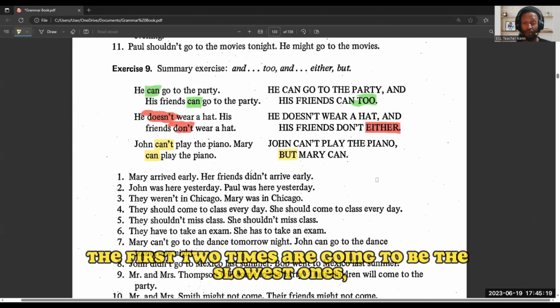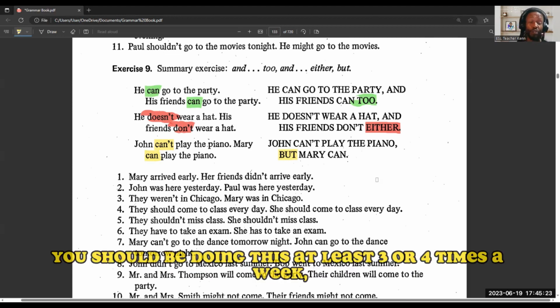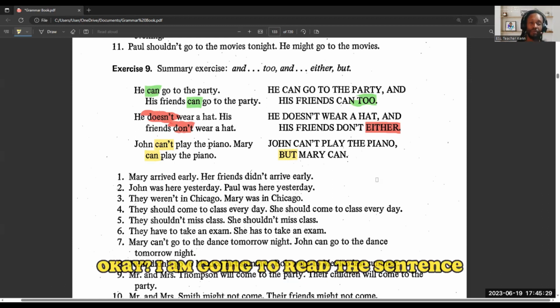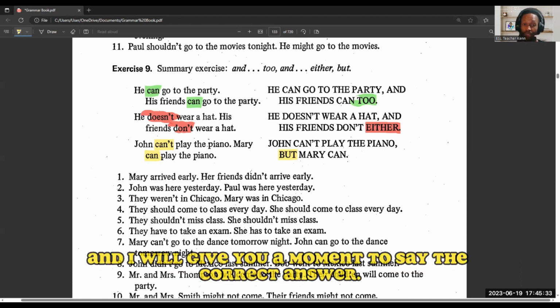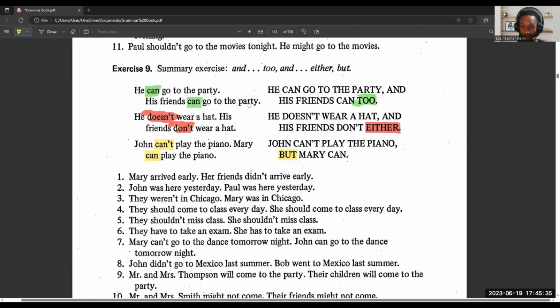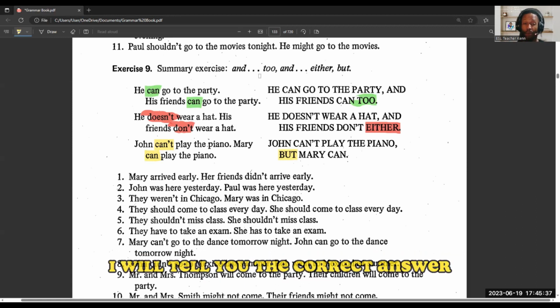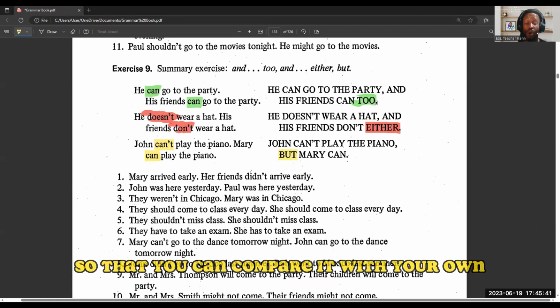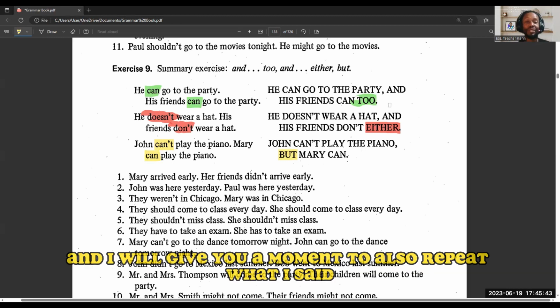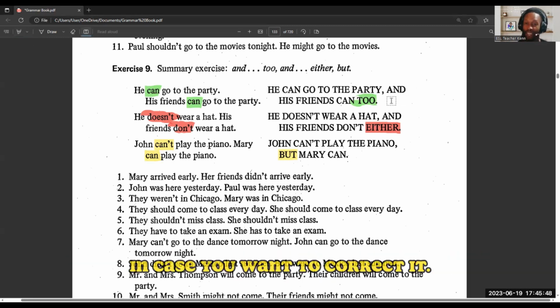The first 2 times are going to be the slowest ones, okay? Remember, you should be doing this at least 3 or 4 times a week, okay? I am going to read the sentence and I will give you a moment to say the correct answer. And after that, I will tell you the correct answer so that you can compare it with your own. And I will give you a moment to also repeat what I said in case you want to correct it.